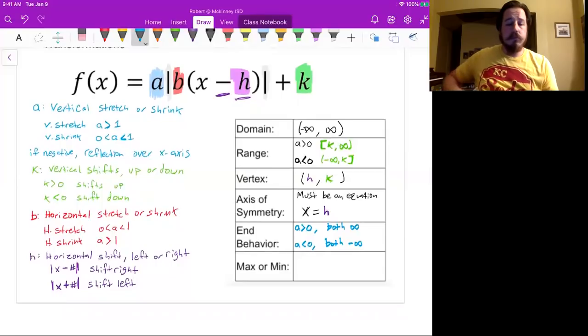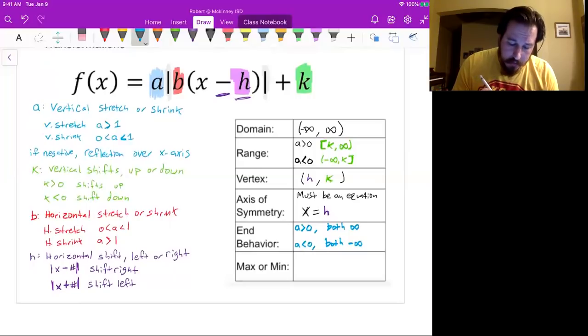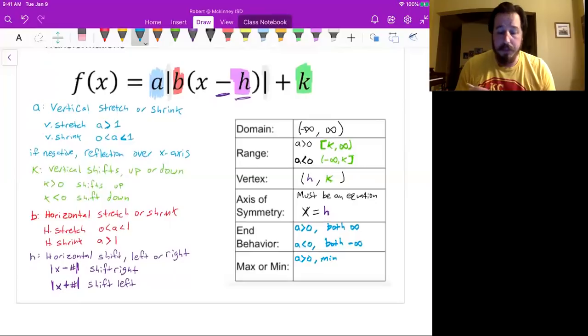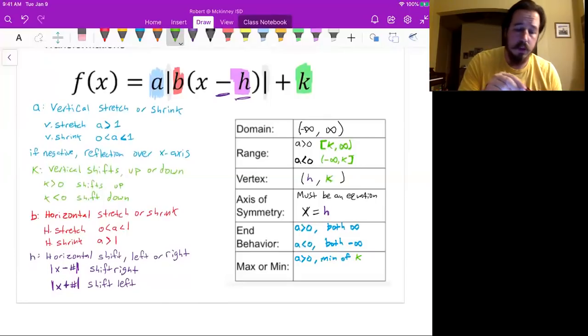Okay. This also has in the same thing whether we have a maximum or a minimum. Okay, if A is positive, then we will have a minimum, and it will be minimum of whatever that K value was, however it had moved up and down.